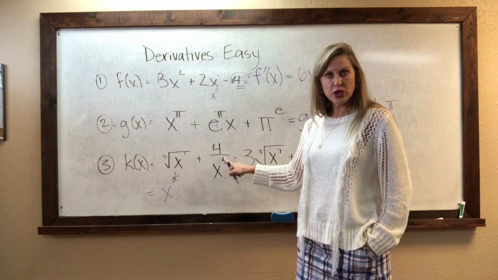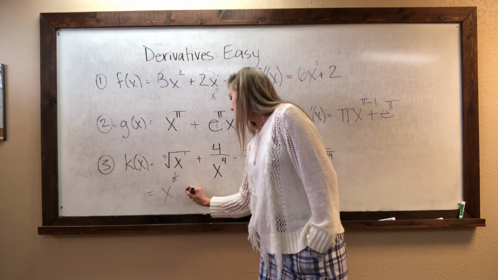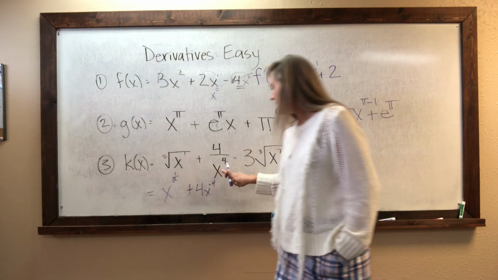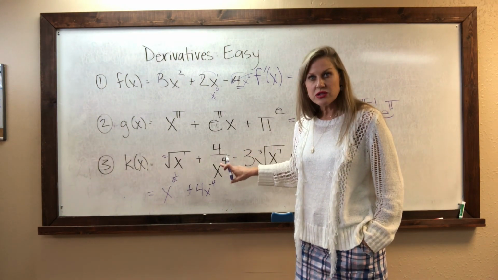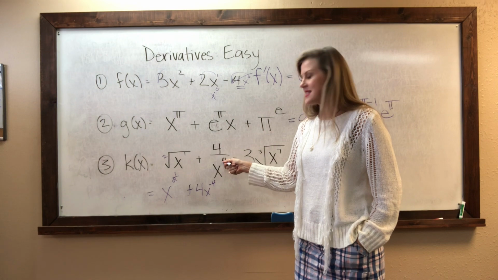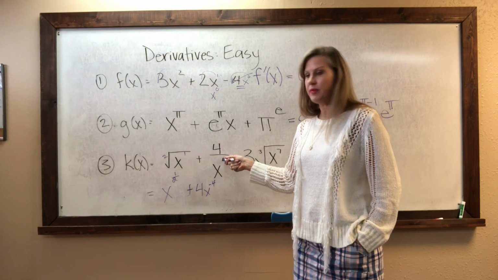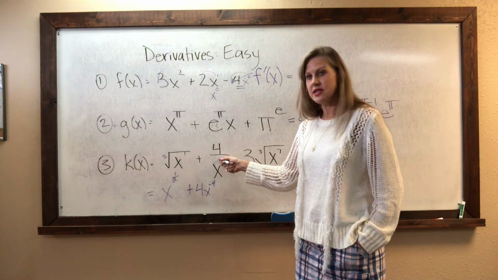If you want to pull something out of a denominator, then you bring the denominator to the top. Something has to change. All that changes is the sign on the exponent. So instead of x to the positive 4, when I bring it up, that turns into a negative 4.